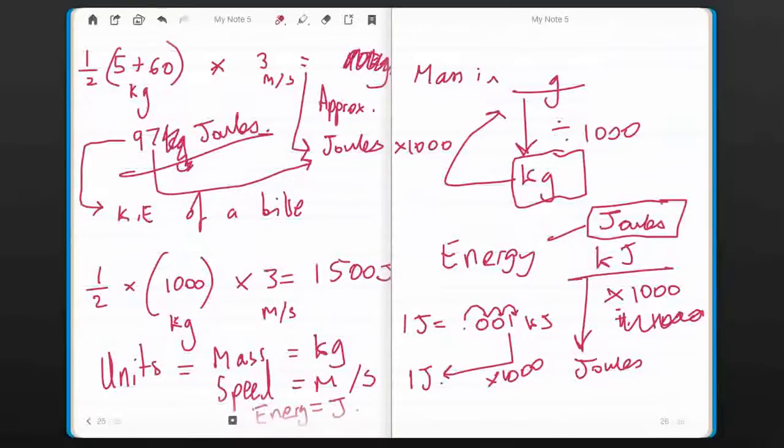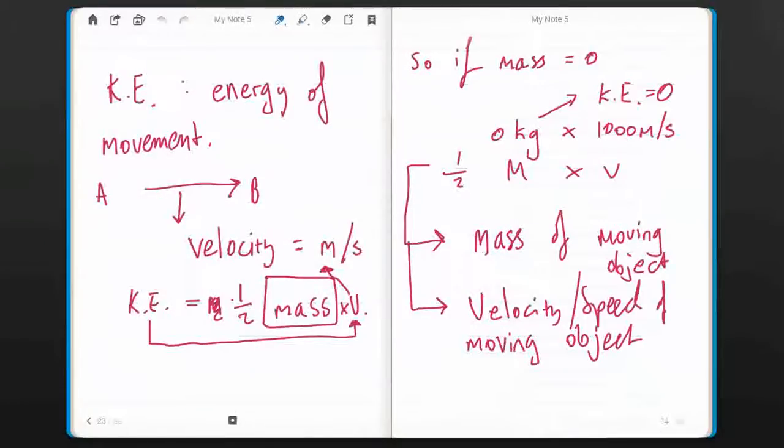That is a very important thing to remember. If you remember anything, remember that it is the energy of movement that defines kinetic energy, and something moving has to have a mass to exist. Everything on the earth has a mass. So in order to have kinetic energy, you have to have a mass so that something exists, and it has to be moving so that it has energy of movement.